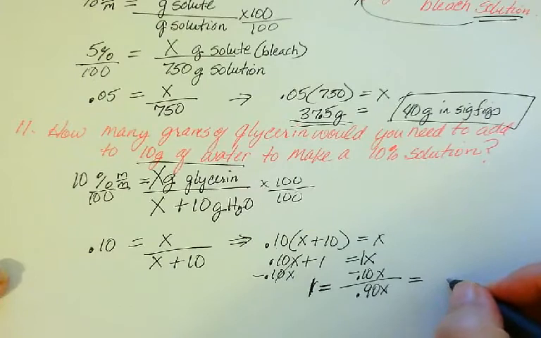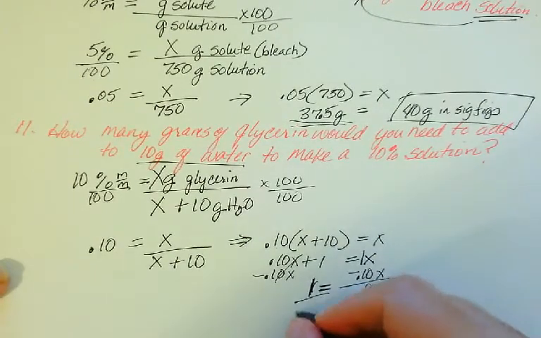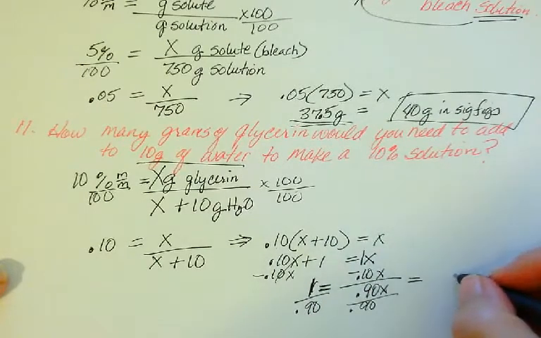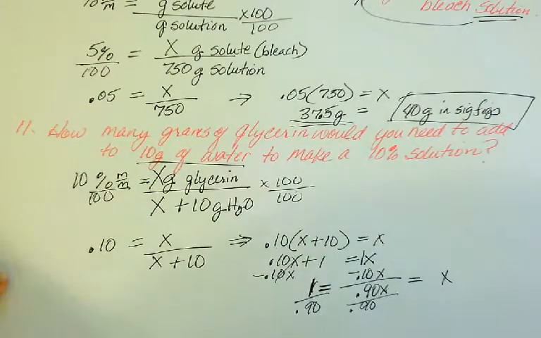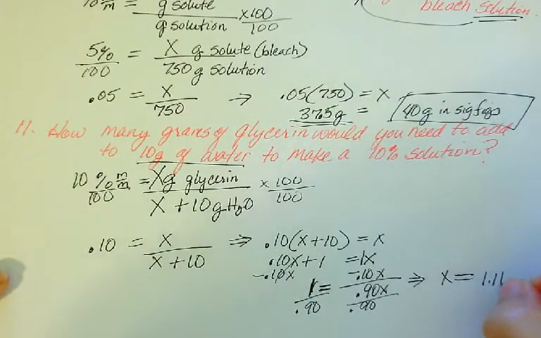We're going to divide by 0.90 on both sides, and that's going to give us X equals 1.11.